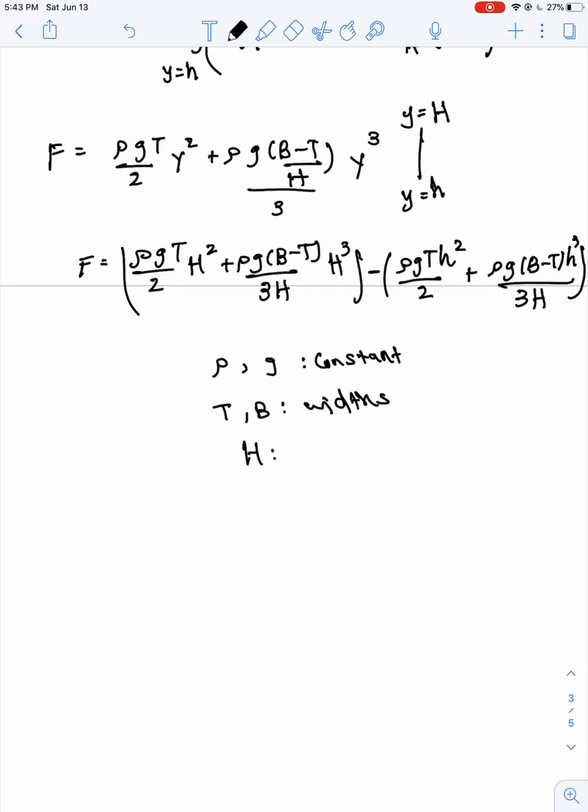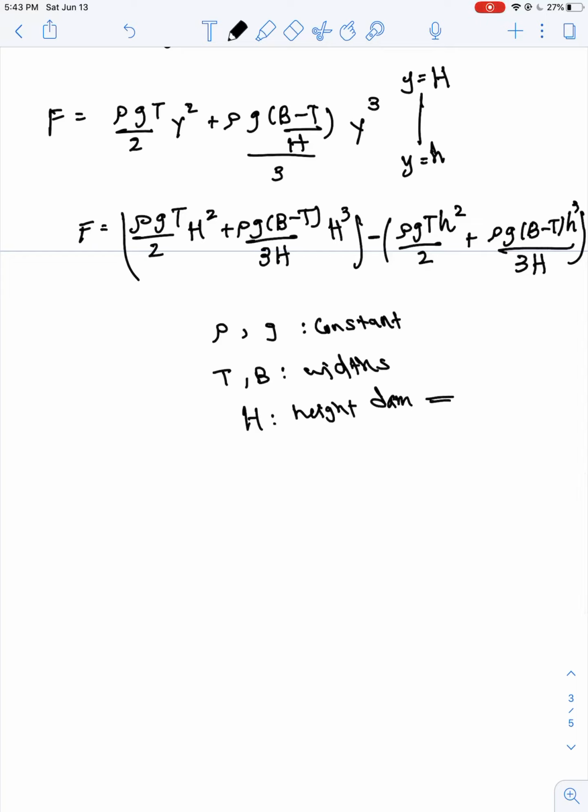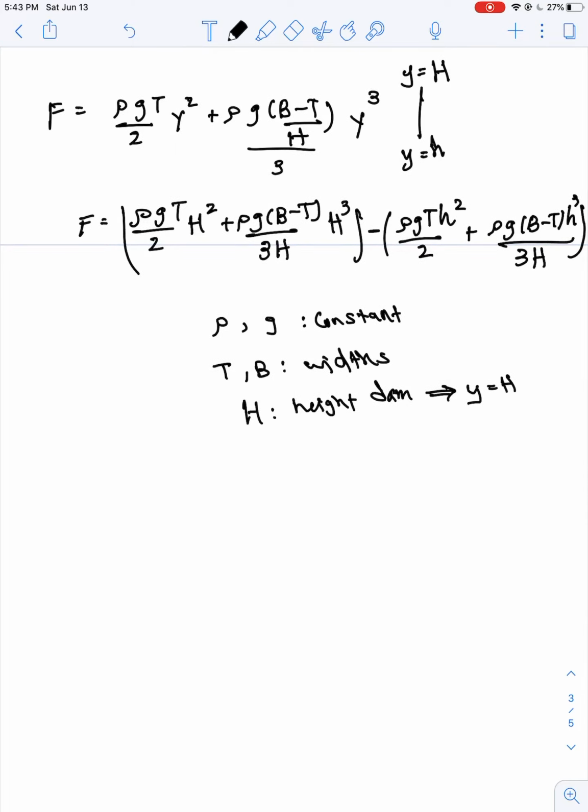We have big H, which is the entire height of the dam. In this case, where I solved it, this corresponds to y equals H, the bottom of the dam. And lastly, we have little h, which is the surface of the water.